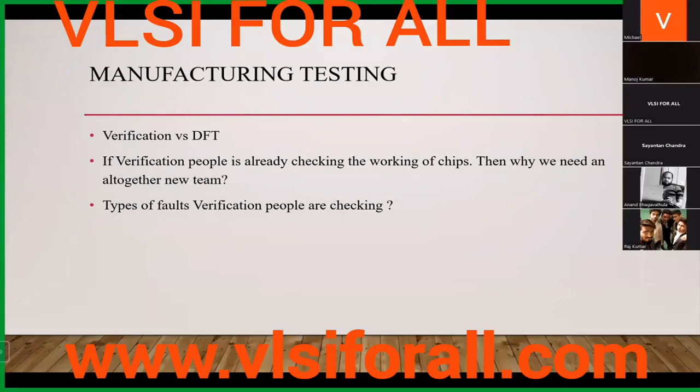So functional verification is already done on software, so there is no need for a functional pattern to verify it again. This will actually reduce the money your company is spending on this part. So that is what DFT's work.